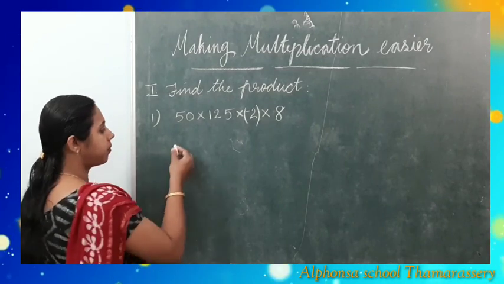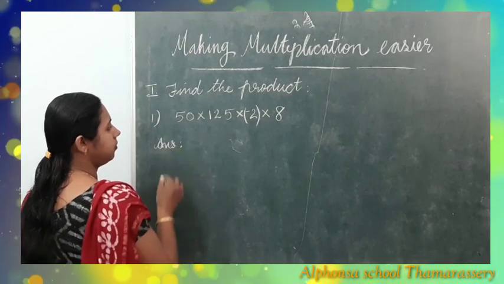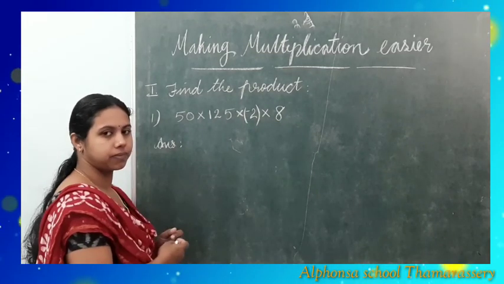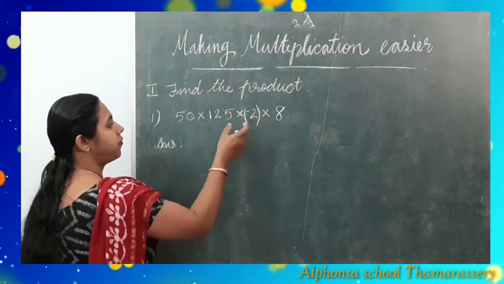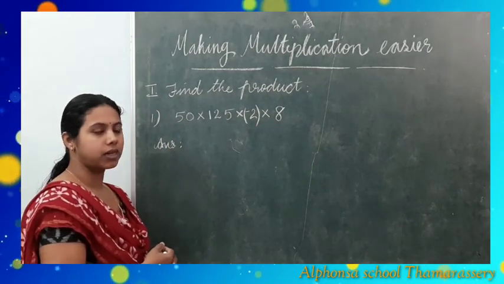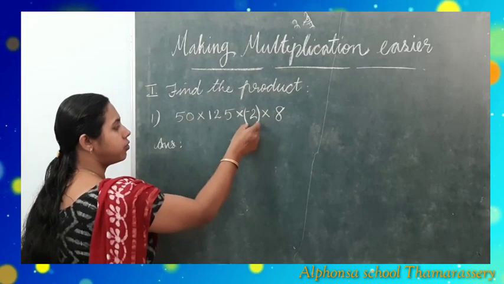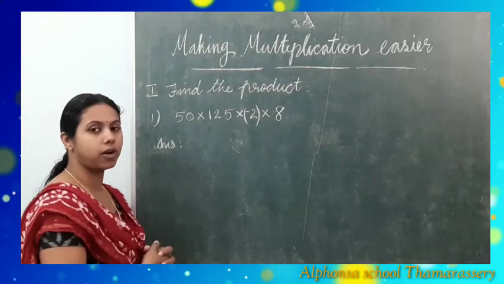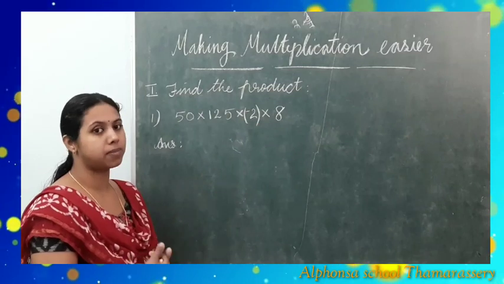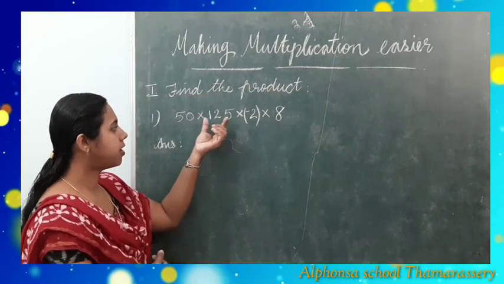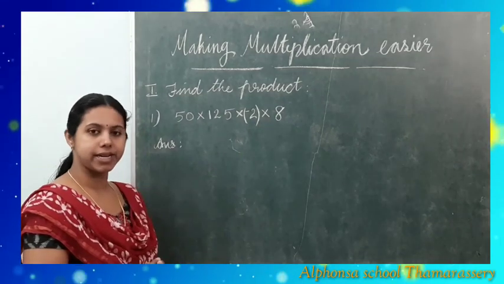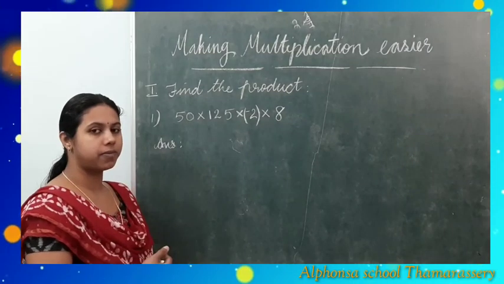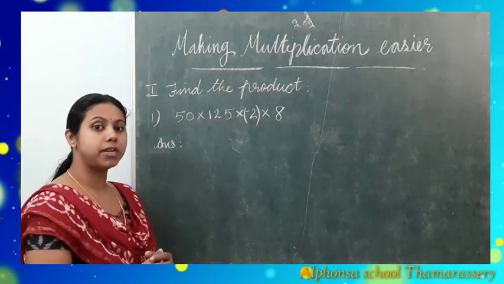For example, first you multiply 125 into 8 and you multiply 50 into 2. 5 2s are 10, so 50 into 2 is 100. So 50 into minus 2 is minus 100. And the same way, if you multiply 125 into 8, 8 5s are 40, so the last digit will be 0. So your calculation will be a little easier.